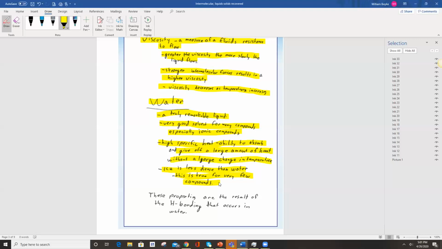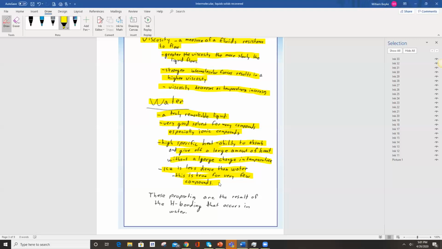If it's a deep enough lake, pond, or river and it isn't super cold, you're only going to get ice a couple inches thick, a couple feet thick. You're still able to have liquid water underneath, which is very important for the aquatic life.